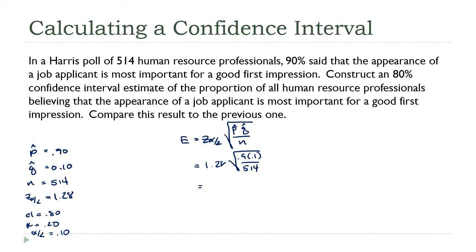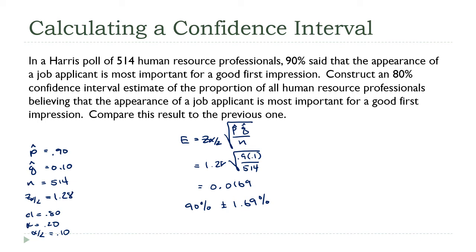And this comes out to 0.0169, which means my confidence interval is 90% plus or minus 1.69%. Now, you notice it got a lot smaller. And that's what we expect. If you're willing to accept less certainty that you're right, you can get a much narrower range.